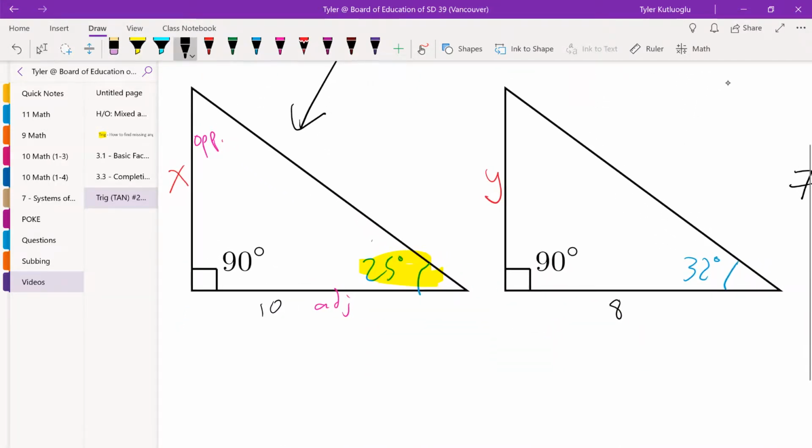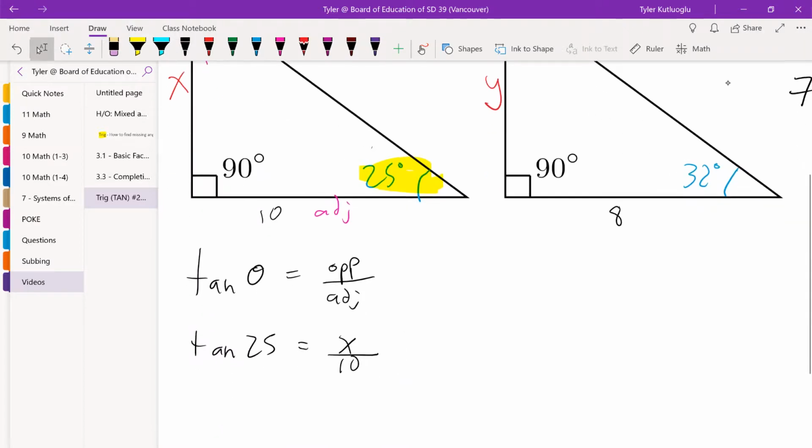Tan theta equals opposite over adjacent. Now I'm going to sub in the numbers I know. Instead of theta, I'm going to write the 25 degrees, so tan 25 is equal to opposite, which is x, I don't know what it is, over adjacent, which is 10 centimeters.